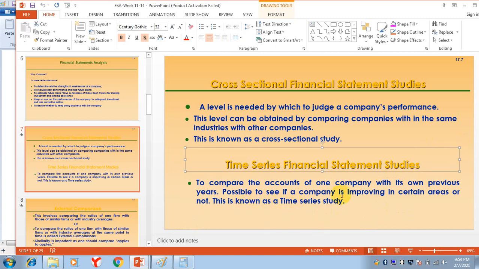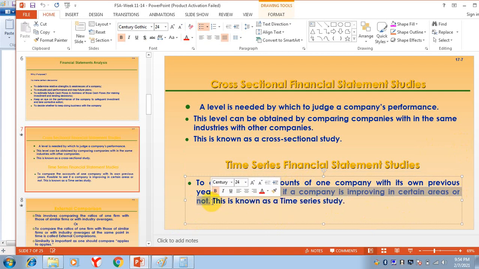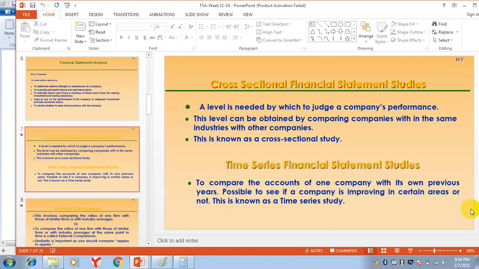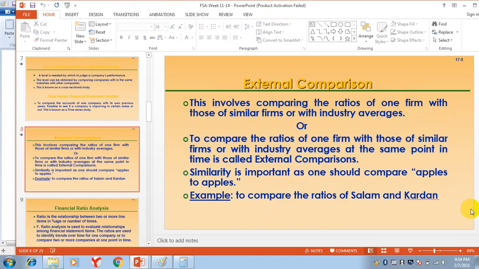It is possible to see if a company is improving in certain areas or not. Here, our aim is to check whether there is an improvement in some areas of the company or not. We call it time series studies.